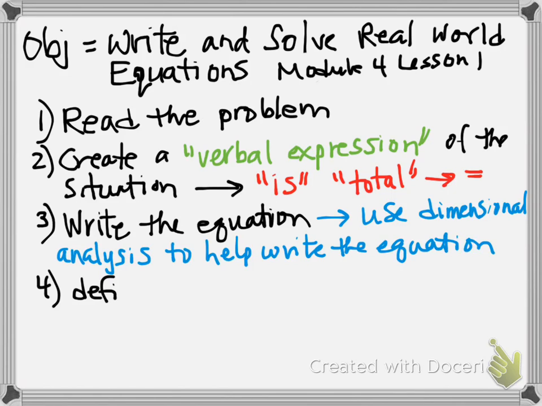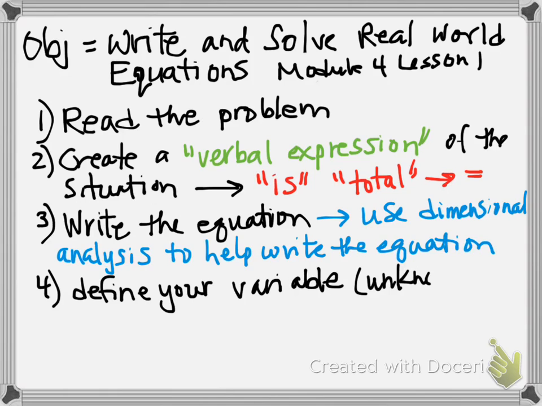Define your variable. Remember the variable is simply going to hold the place of the unknown value, and that's what you're actually going to be solving for. But you got to give it meaning, so you got to tell the reader what that variable represents.